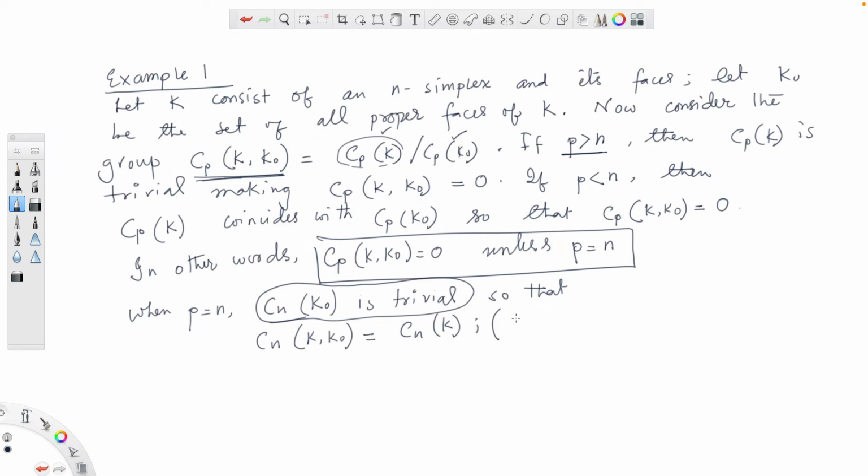Okay. Note that C sub n of K, the group of n chains on the n dimensional complex K, which consists of an n simplex together with all its faces, is seen to be free abelian.